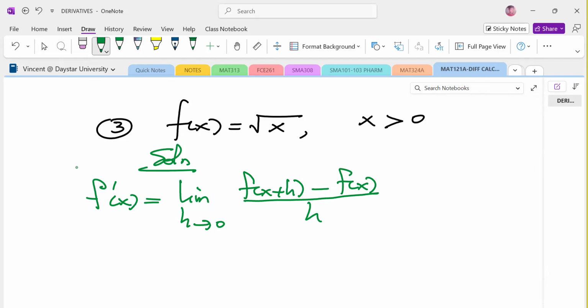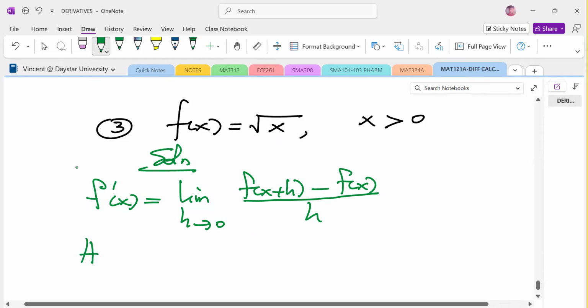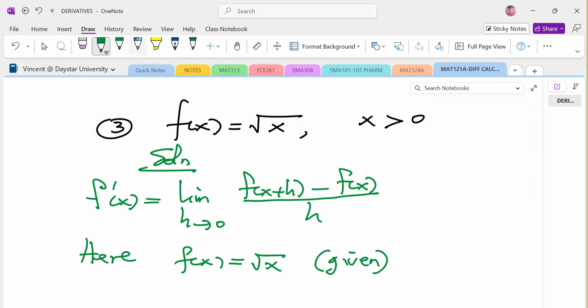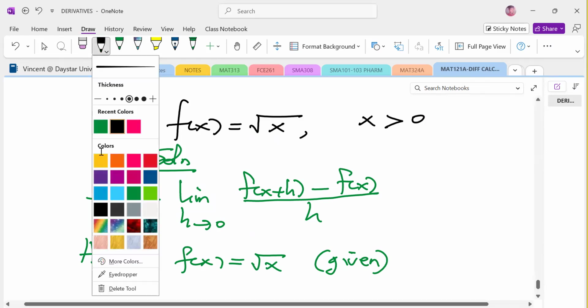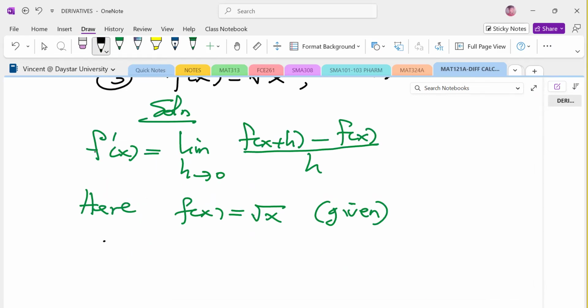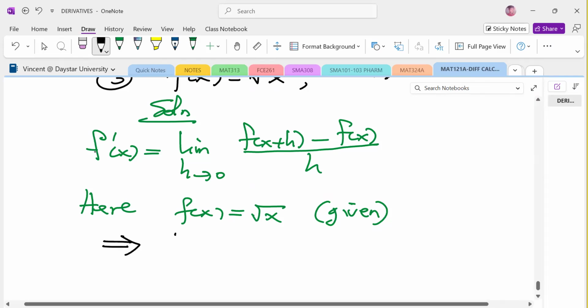Then here, f of x is given by root x. Then once we have f of x, we need to define f of x plus h. So which means f of x plus h is the square root of x plus h.